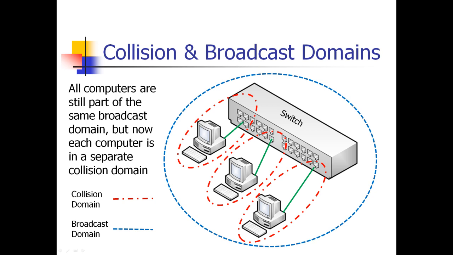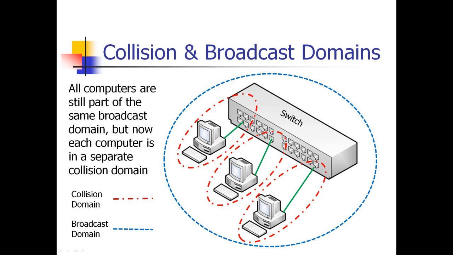A switch also consists of a local address table, or LAT. Every time a computer powers up, or when we power up the switch, the switch is able to track which MAC addresses are attached to which ports. That's what goes in the LAT, the local address table. It says port 1 is this MAC address, port 2 is this MAC address.